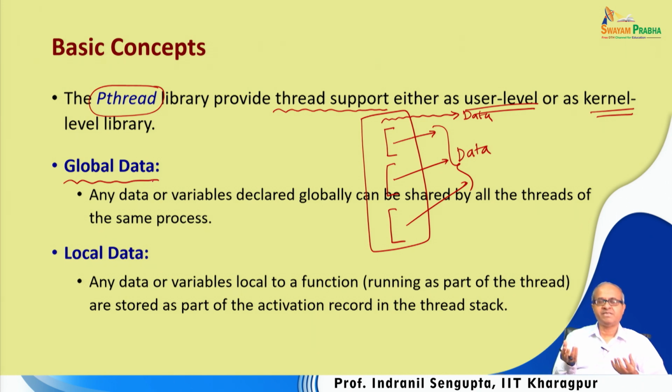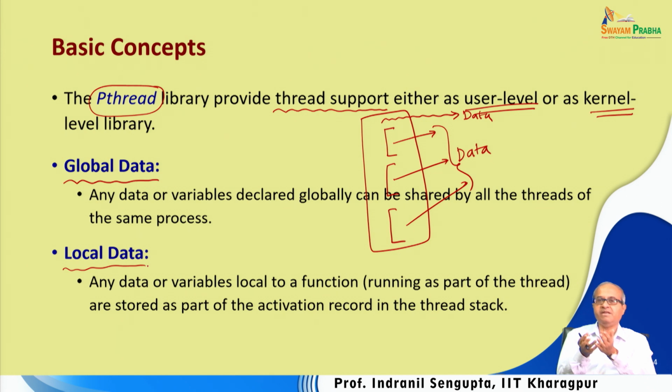All the threads can share global data. Similarly, you can have local data. These are the data that are defined inside a thread, or a thread may be calling a function, and data defined inside that function. These are all local data of that thread.